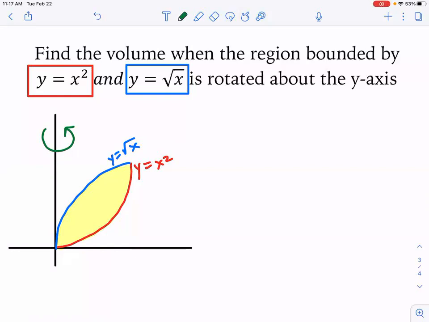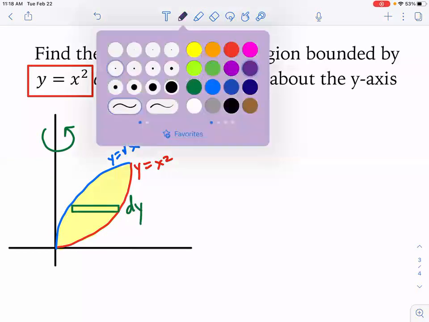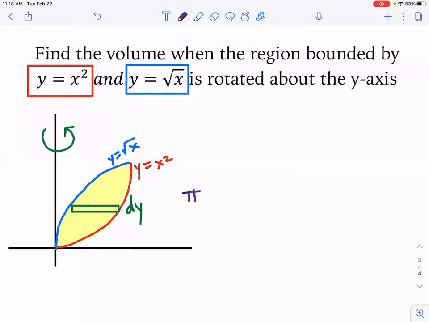Okay, so we're gonna rotate around the y-axis, which means we need a perpendicular rectangle, which has thickness dy. So when we set up our integral, we're gonna have pi integral of r squared minus r squared h, but this time our h is our dy.